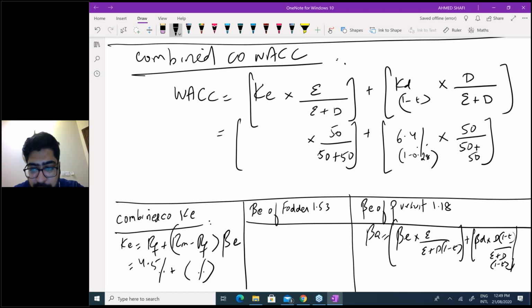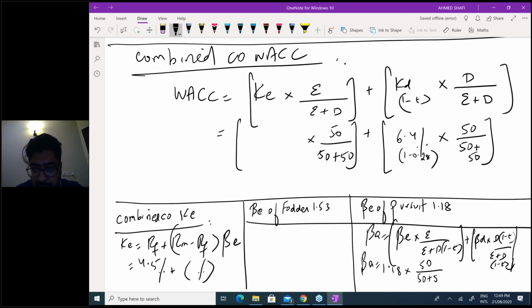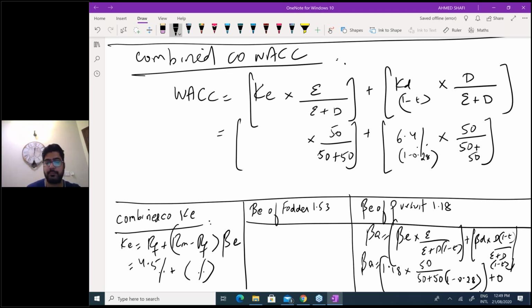So the beta equity of Pursuit is 1.18 and the debt to equity composition is 50-50, right? No debt beta is given, so I take it as 0.